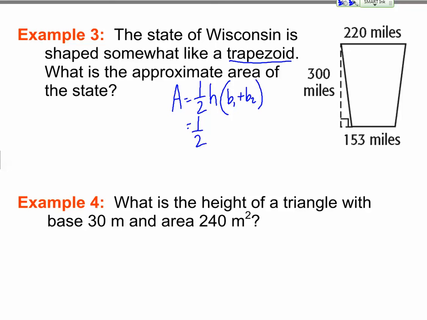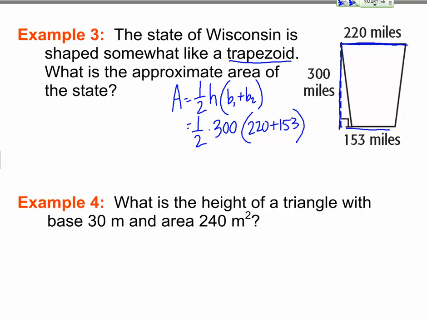Our height is always the distance between the 2 parallel bases, so we have approximately 300 miles. This is going to be multiplied by the sum of the 2 parallel bases, 220 and 153.